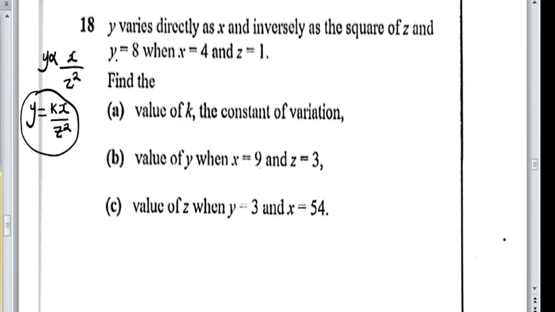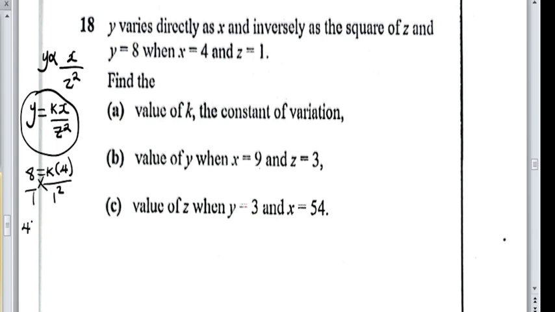Then they are saying, given that y is 8 when x is 4 and z is 1, we can use these to find the value of k, the constant of variation. So y is 8, k we don't know, x is 4, z is 1, so it becomes 1 squared over 1.